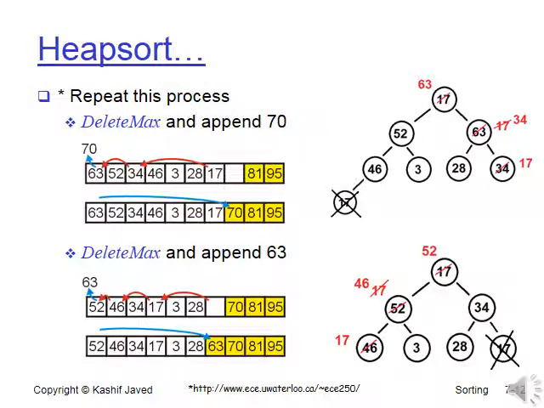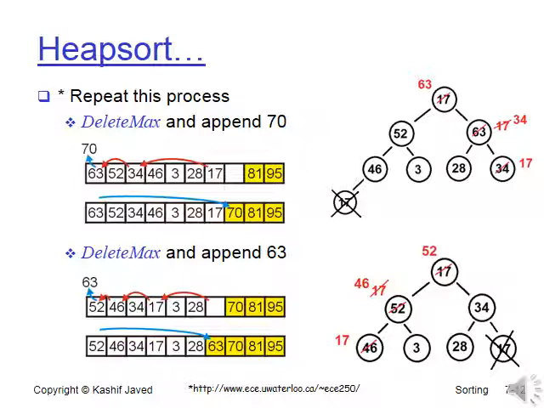We repeat this process of delete max operation and append 70. Number 70 at the root node will be replaced again by the last leaf node, which happens to be number 17. We delete leaf node number 17 and put number 17 into the root node.